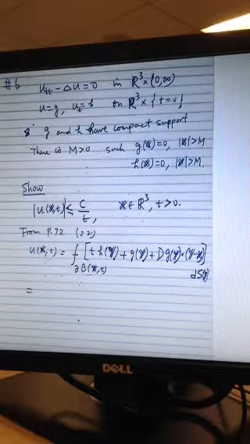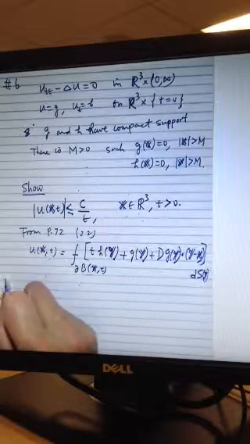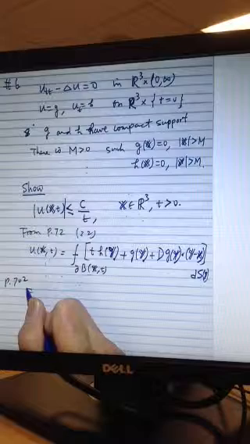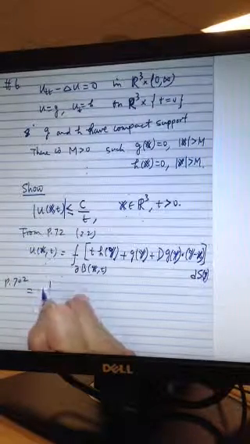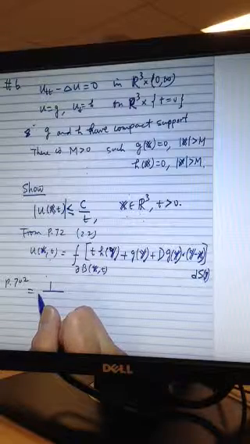It's this formula. So it's equal to 1 over n, where n is 3.